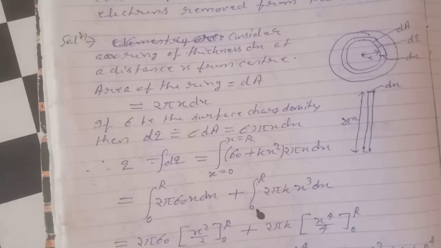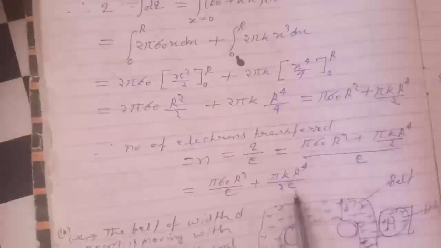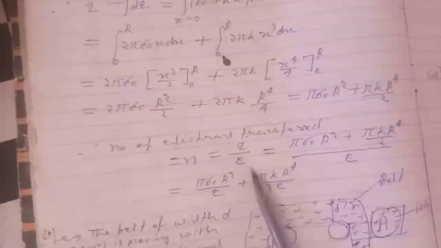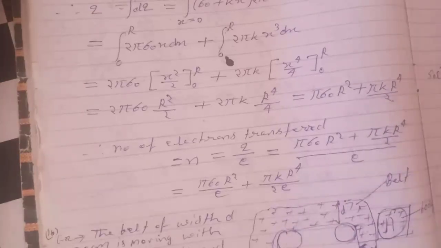So n equals pi sigma naught r square plus pi k r to the power 4 by 2, all divided by e. This will be the answer.